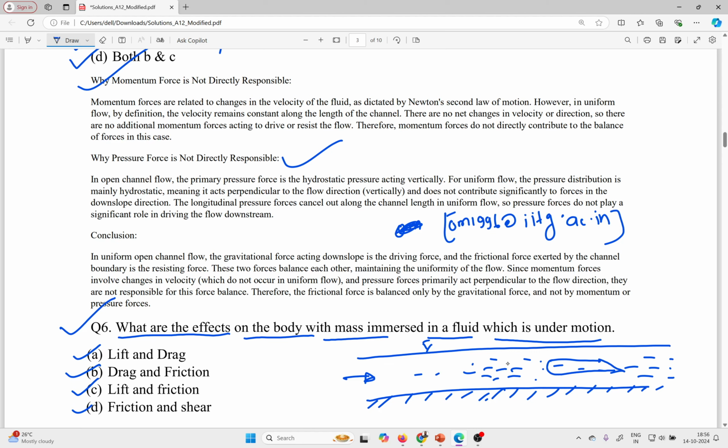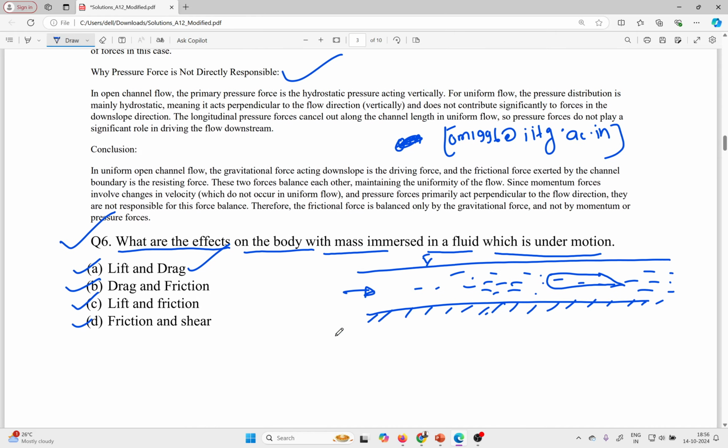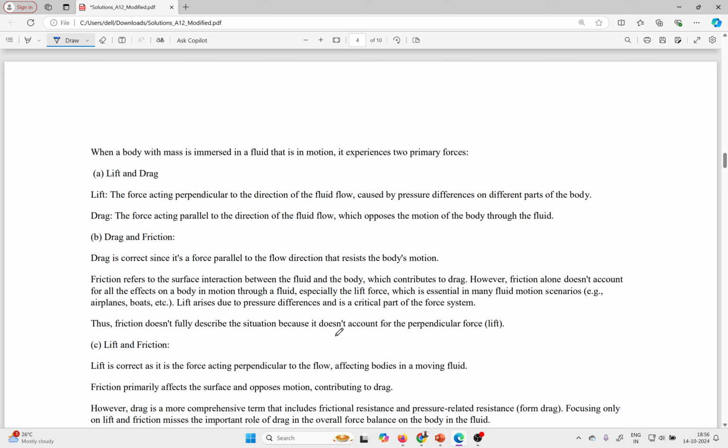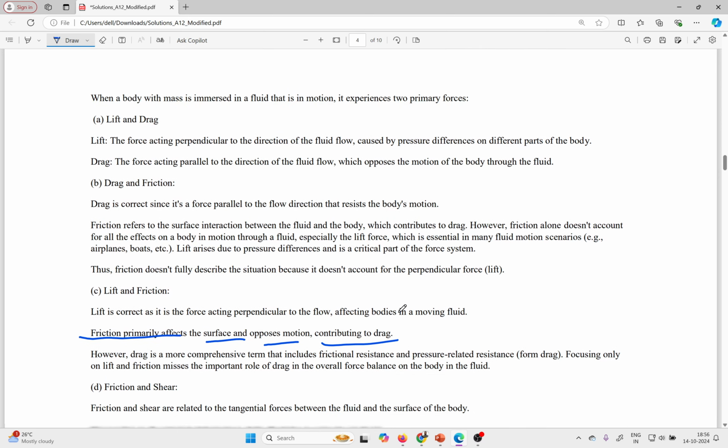The forces will act on the body, and those forces are represented by the drag force and the lift force. I have given a very good explanation here. So why not lift and friction? The friction primarily affects the surface and opposes the motion, contributing to drag. The drag force includes the friction contribution.